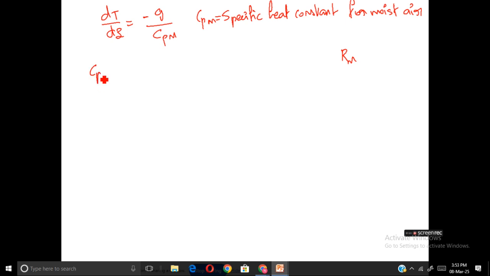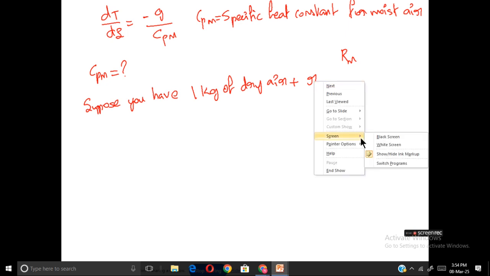So what is Cpm? The specific heat for moist air, which is unsaturated but has some amount of moisture in it. Suppose you have 1 kilogram of dry air which has a mixing ratio of r, or let's use w in this case instead of r.